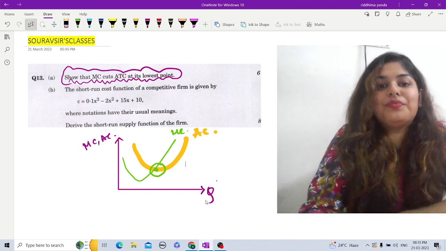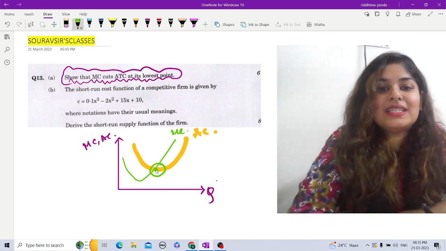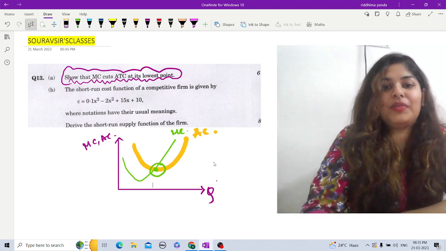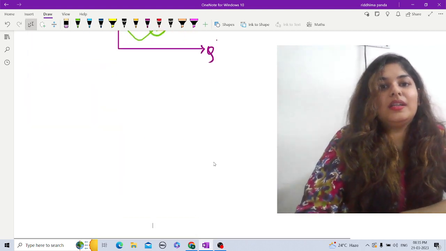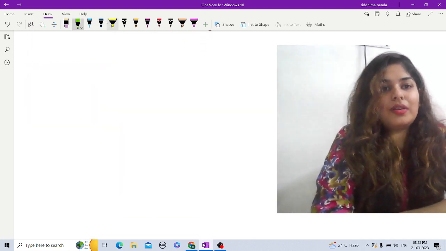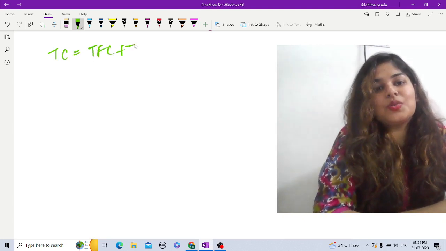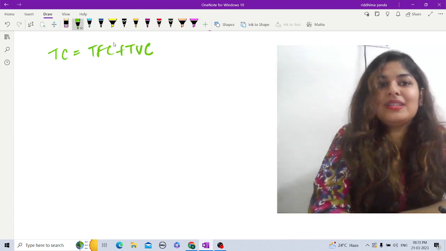Now let's prove mathematically how we can show that this is the minimum point of AC, where MC is equal to AC, right? To begin with, our total cost is equal to total fixed cost plus total variable cost. These are the two components.